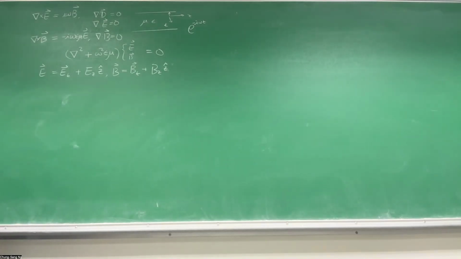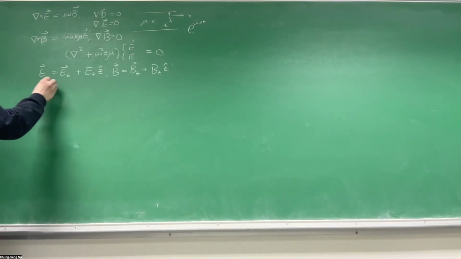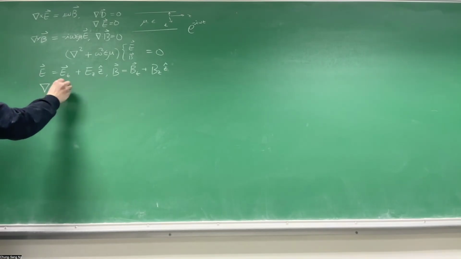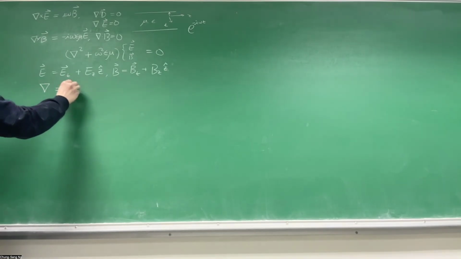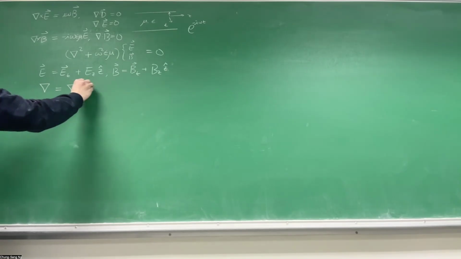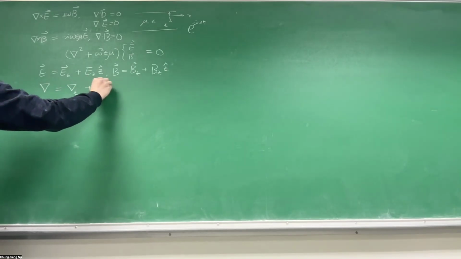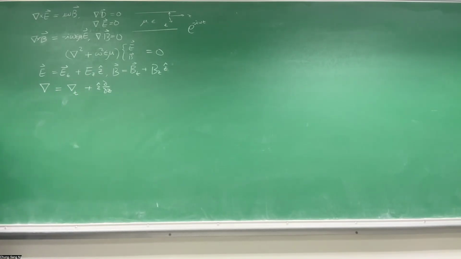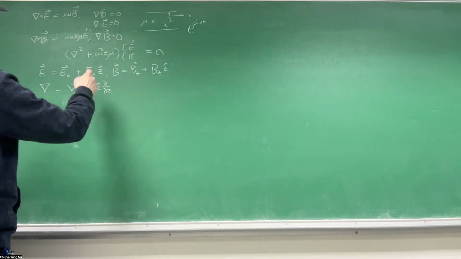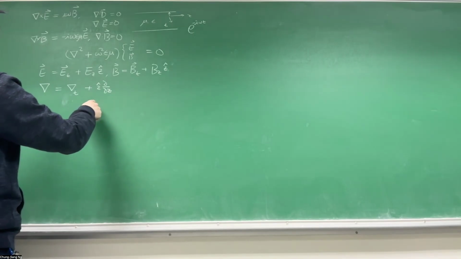And likewise B transverse plus B sub z in the z direction. And the gradient is equal to gradient transverse plus z hat partial z.